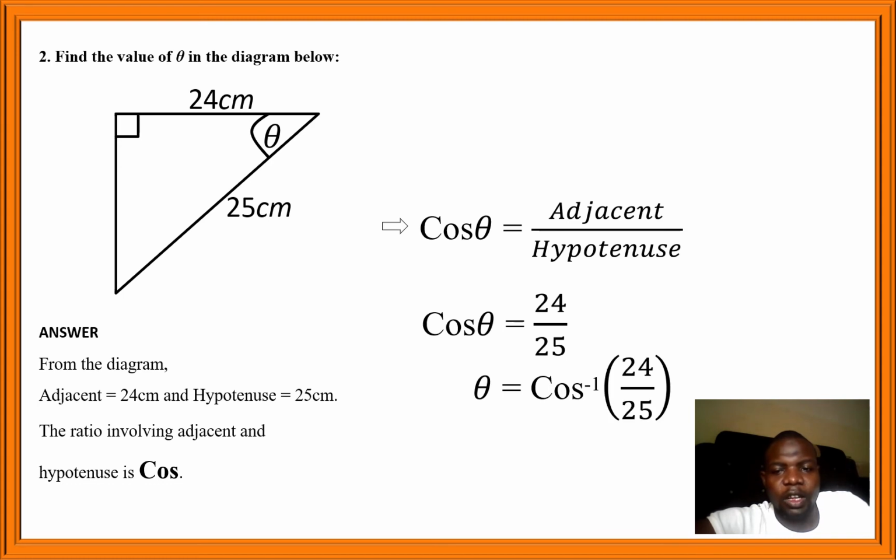So theta will be equal to cos inverse of 24 over 25 when we take cos inverse of both sides. So that gives us theta to be equal to 16.26 degrees to 2 decimal places.